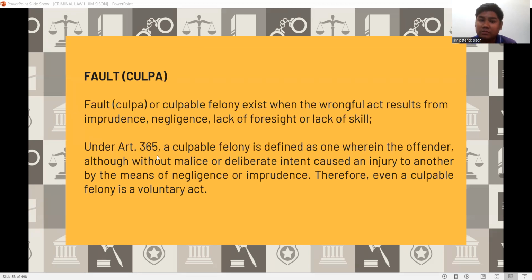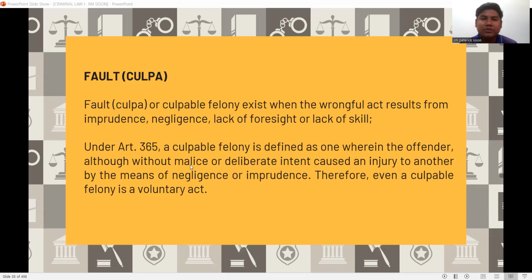So under Article 365, a culpable felony is defined as one wherein the offender, although without malice or deliberate intent, caused an injury to another by means of negligence or imprudence. Therefore, even a culpable felony is a voluntary act.